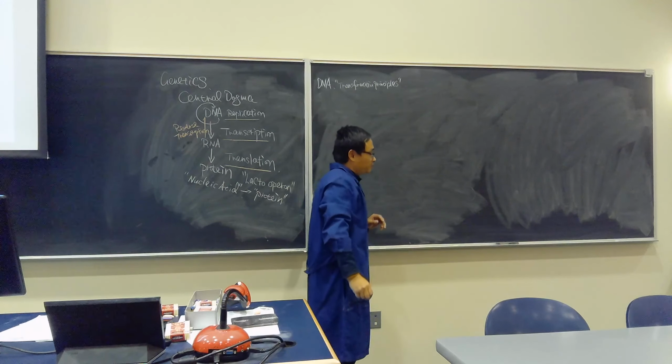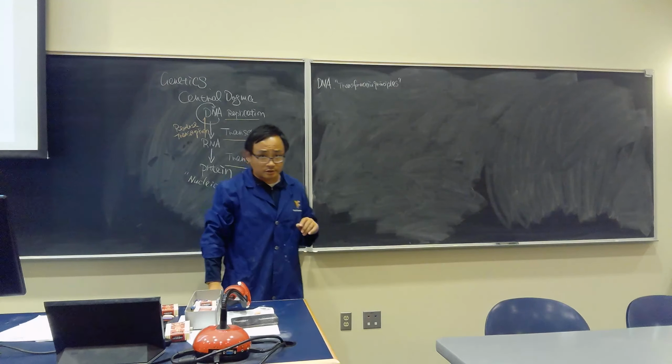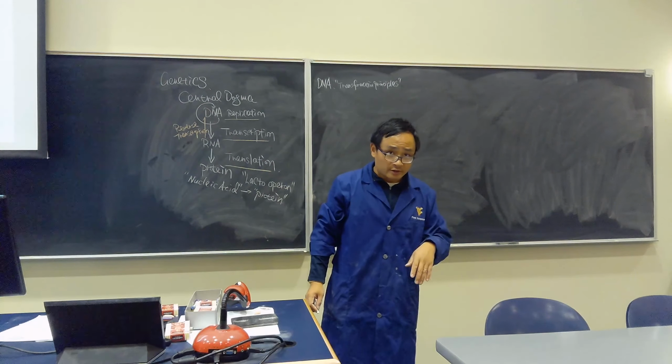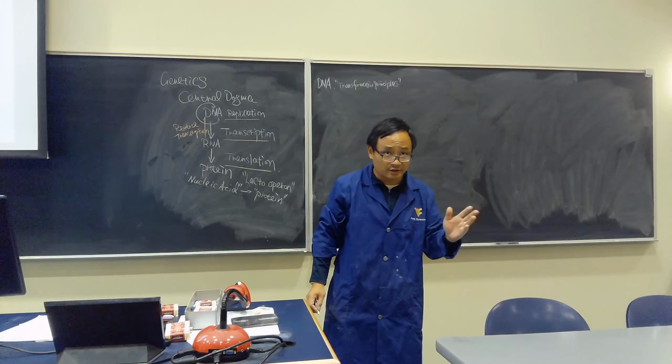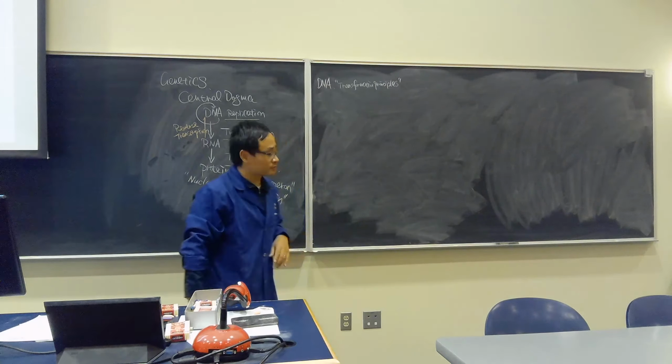By that time they knew there was some communication of genetic information between different bacteria, even different viruses, and then they wanted to find what is the major thing guiding those transformations. So that is called the transformation principle.